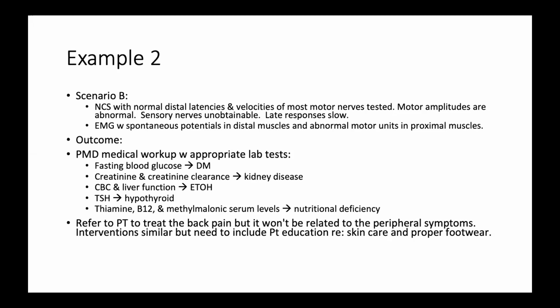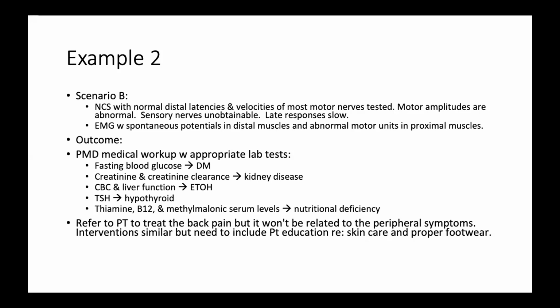He went to his primary. He told his primary he had low back pain and he's getting some new numbness in his feet. So the first course of action was to refer him for the electrodiagnostic study. So he did not have imaging at this time. At this point, imaging may help a little bit, but his new primary concern is likely the polyneuropathy and not a spinal issue.